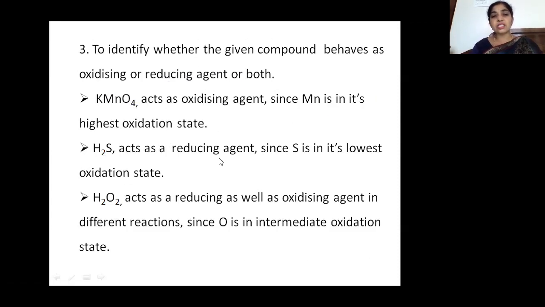H2S acts as a reducing agent since sulfur is in its lowest oxidation state. H2O2, hydrogen peroxide, acts as a reducing as well as oxidizing agent in different reactions since oxygen is in an intermediate oxidation state.